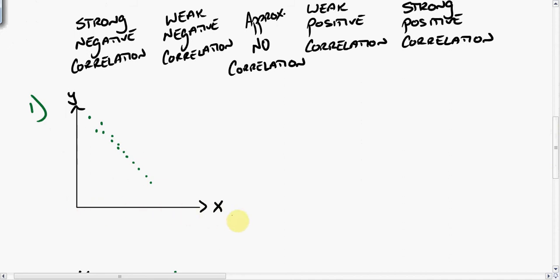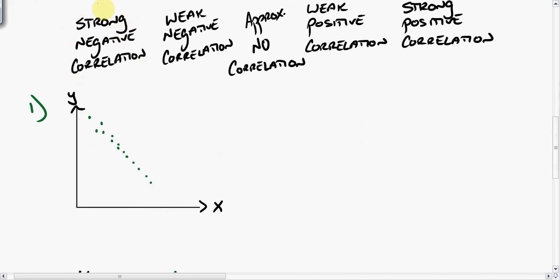We're just in one quadrant, and we see that a negative correlation does exist because these data points are definitely falling from left to right, and they're pretty compact. They're pretty close together. It's not a perfect straight line, but that's okay. They're pretty darn close. So we are going to say that this is strong negative correlation.